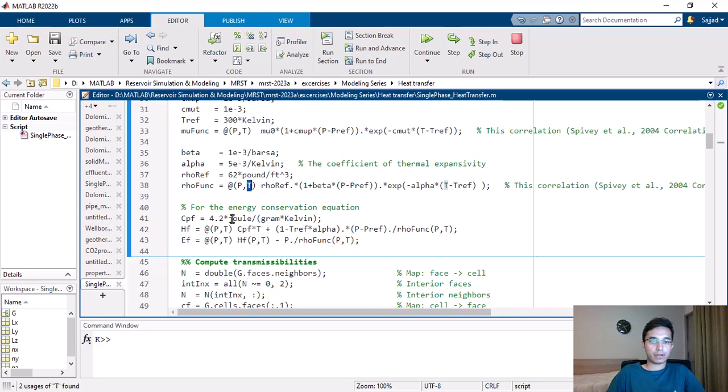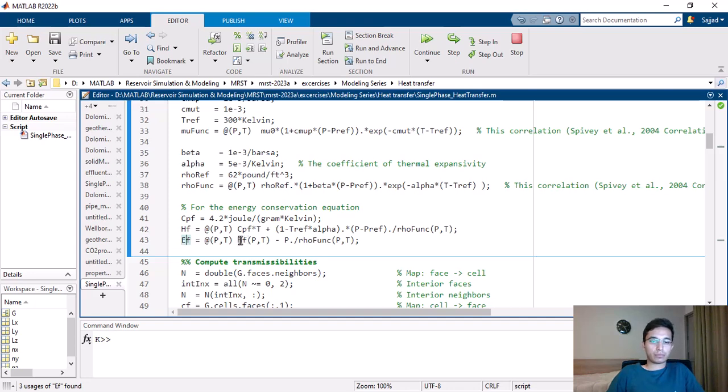And here I have specified the properties of water for the energy conservation equation. The specific heat capacity of water at constant pressure is set to this value, and we have defined here two anonymous functions to calculate the water specific enthalpy, and also the calculation of water internal energy.